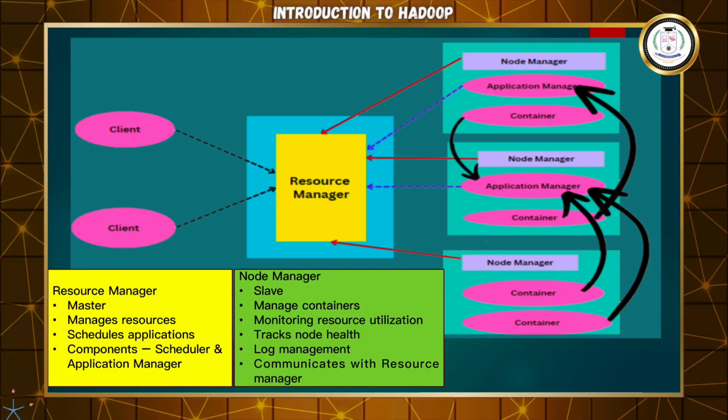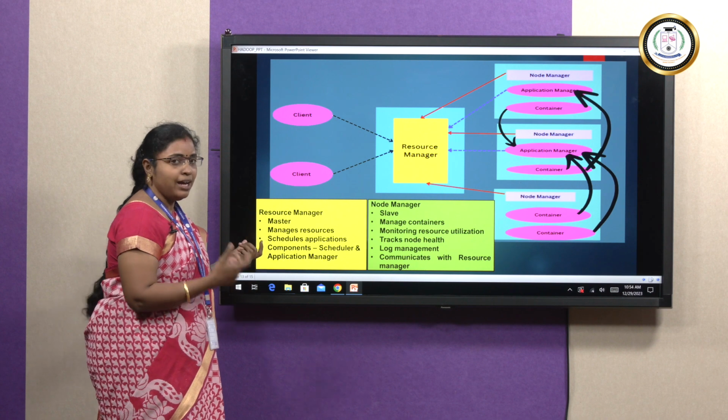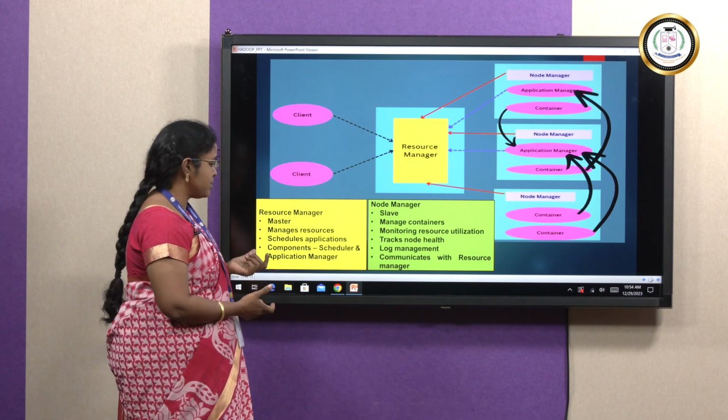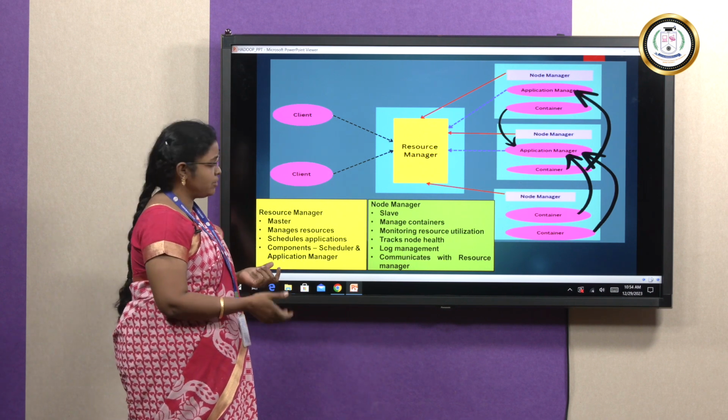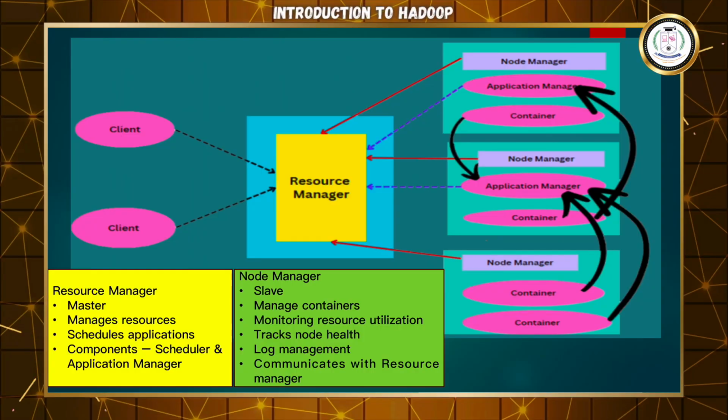And what are the components of the resource manager? One is the scheduler, another one is the application manager. The application manager will handle all the job submissions, complete the job and then provide the output to the resource manager. And the scheduler is going to allot the schedule for the application.